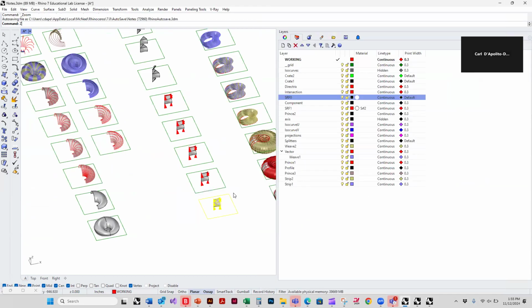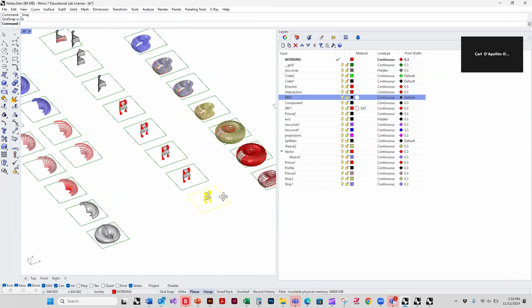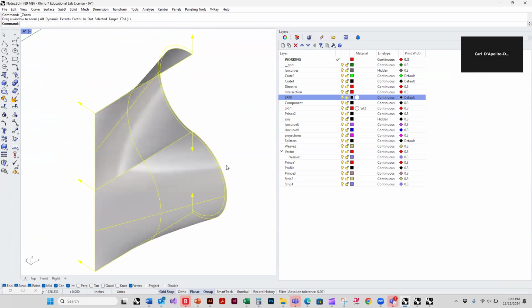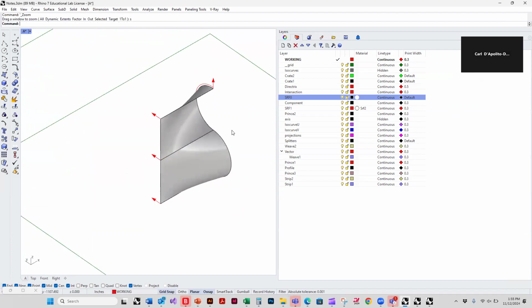I wanted to show because sometimes when you have a surface like this, you can't offset it. You can't just very easily make an offset.